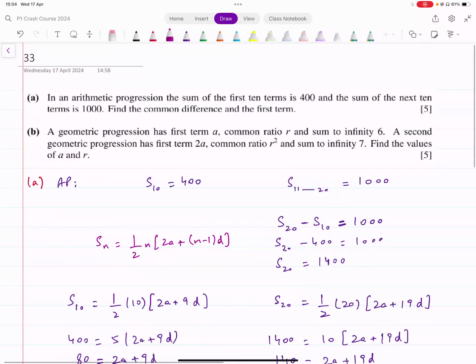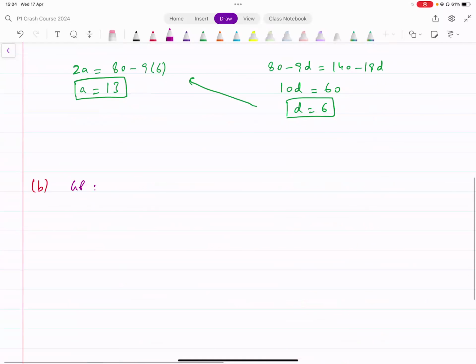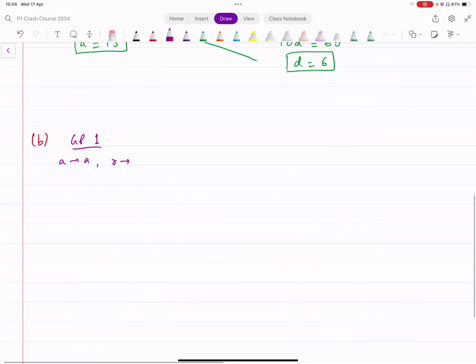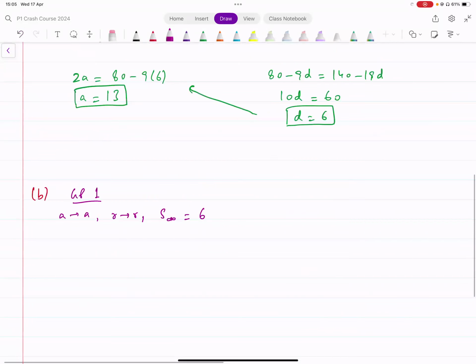Both of them are GP now. For one GP, they're saying the first term is A, ratio is R, and the sum to infinity is 6.